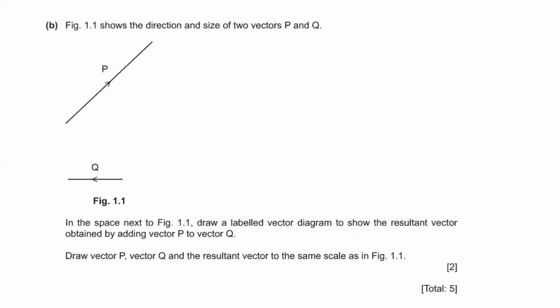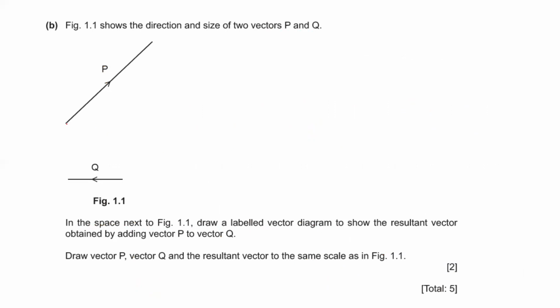So moving ahead, part B of this question says that figure 1.1 shows the direction and size of two vectors P and Q. So we have these two vectors. It says: in a space next to figure 1.1, draw a labeled vector diagram to show the resultant vector obtained by adding the two vectors P and Q. Draw the vectors P and Q and the resultant vector to the same scale.